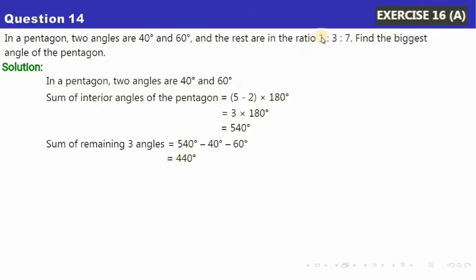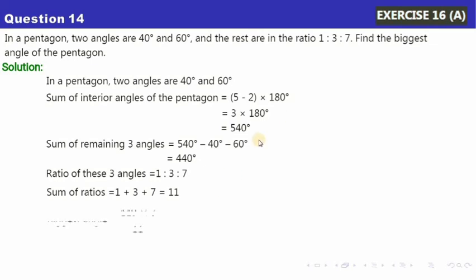And those 3 angles are in the ratio 1:3:7. And you are expected to find the biggest angle. Now 1, 3, 7, which corresponds to the biggest? Obviously the 7 corresponds to the biggest angle, okay? So here the ratio is given, and I am finding the sum of the ratio, which is 11. So the biggest angle of the pentagon will be 7 out of 11 times 440, which is this one, isn't it?